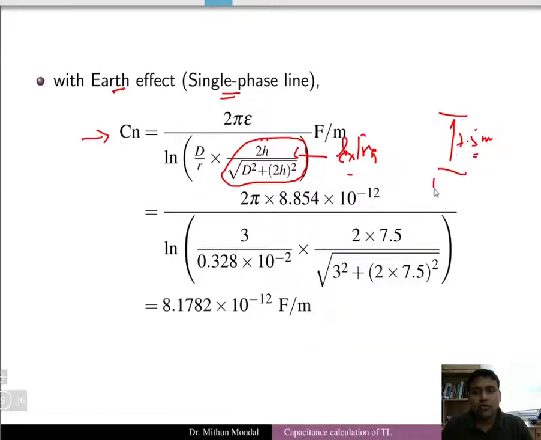So putting the value of h as 7.5 meter and the distance as 3 meter, we can get a value of the capacitance as 8.1782 into 10 to the power minus 12 farad per meter. So in this problem, a single phase line capacitance calculation with and without the effect of the earth is being considered.